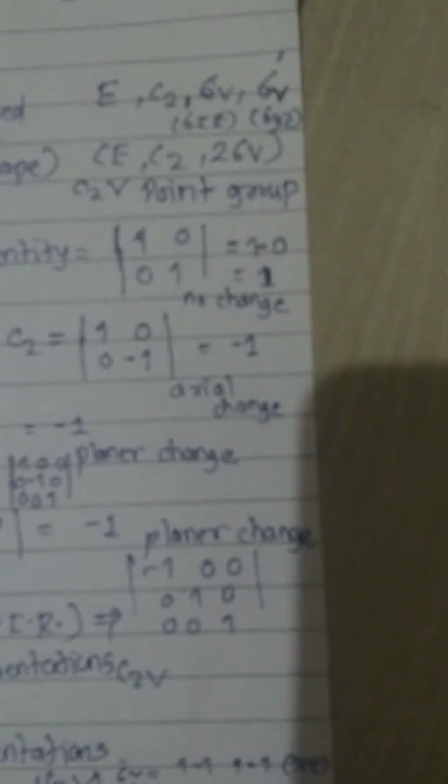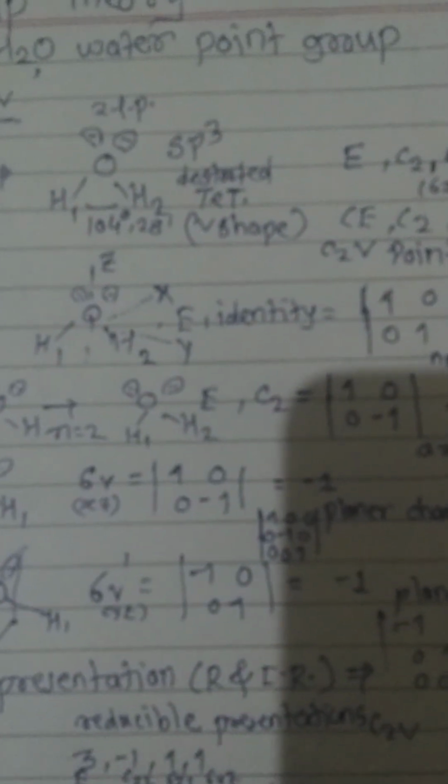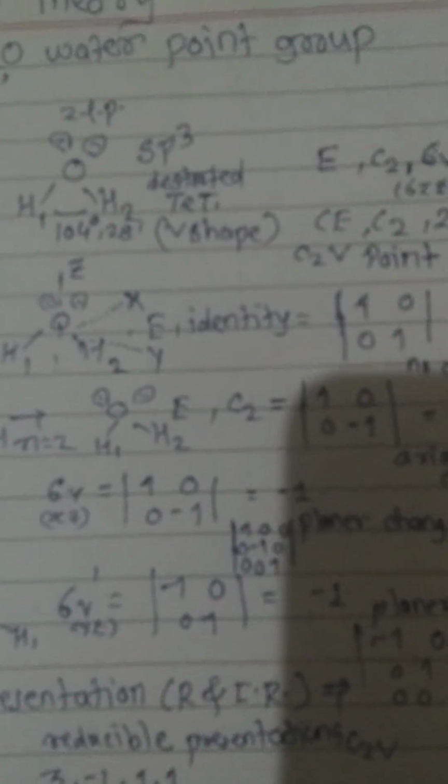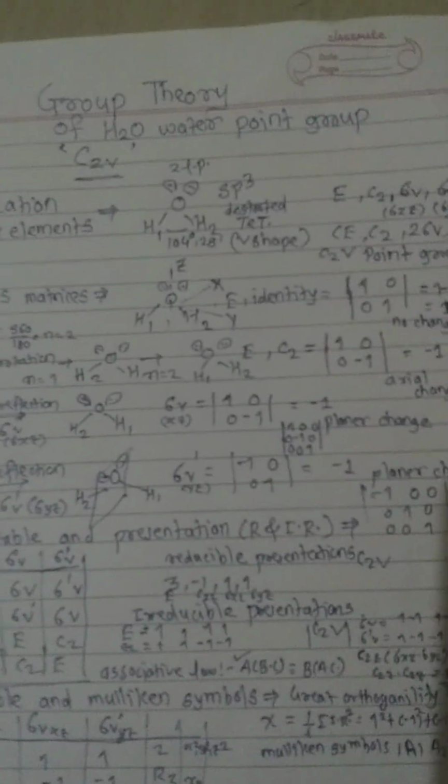So the value will be minus 1. If sigma v represents a total value of minus 1, sigma dash will have 1. If sigma v is representing 1, the sigma dash will have value minus 1. So these are the matrix presentations of water symmetry elements and their respective operations.